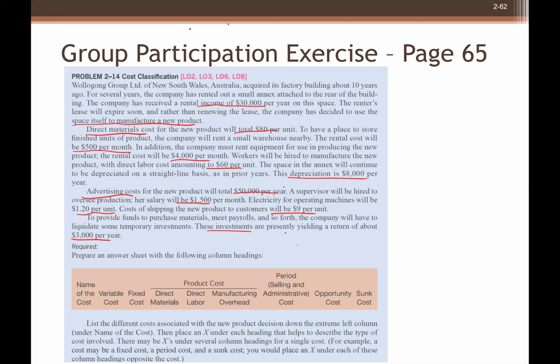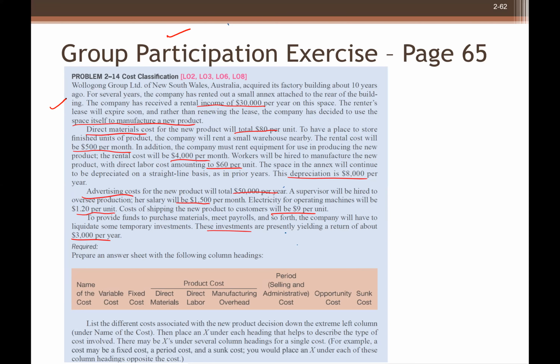Hey guys, welcome back. I hope you already finished this group participation. Let's talk about this. Meanwhile, I also read the question, so I highlighted different names of the cost.